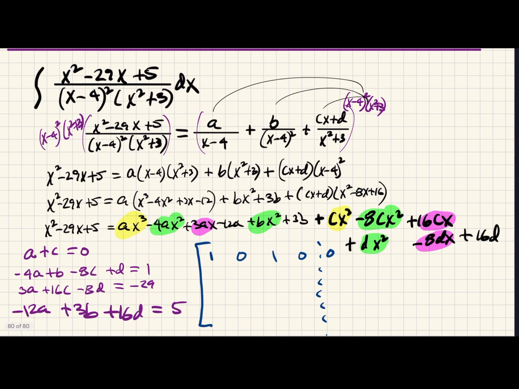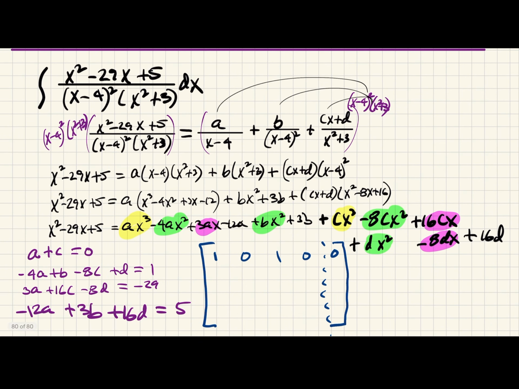Okay? Now let's go and do the rest of them. So the second one says minus 4A plus B minus 8C plus D equals 1. The third one says 3A plus 0B plus 16C minus 8D equals minus 29.